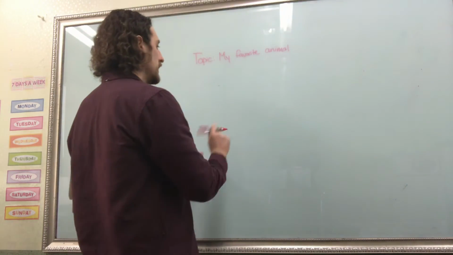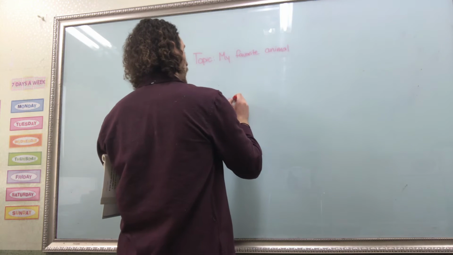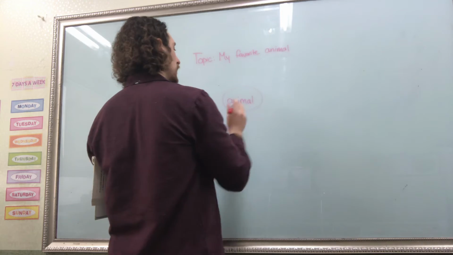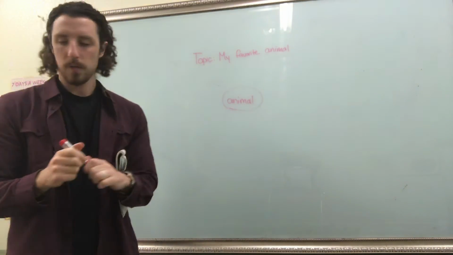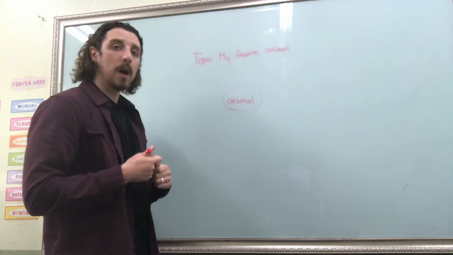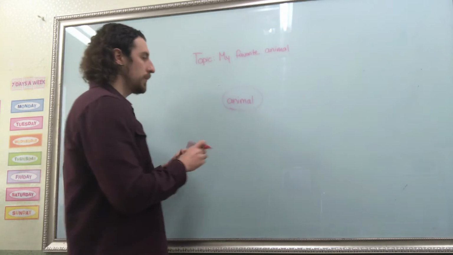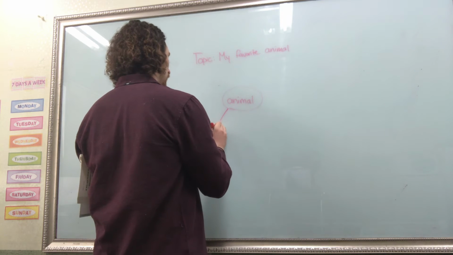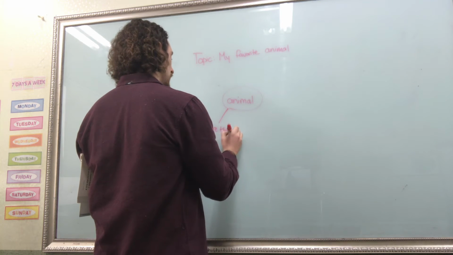Now I'm going to help you guys out with the brainstorm. So, we have the usual, right? We have our middle section that says animal. So, what you could write about, you don't have to, but what will help you is if we could write about where they live.